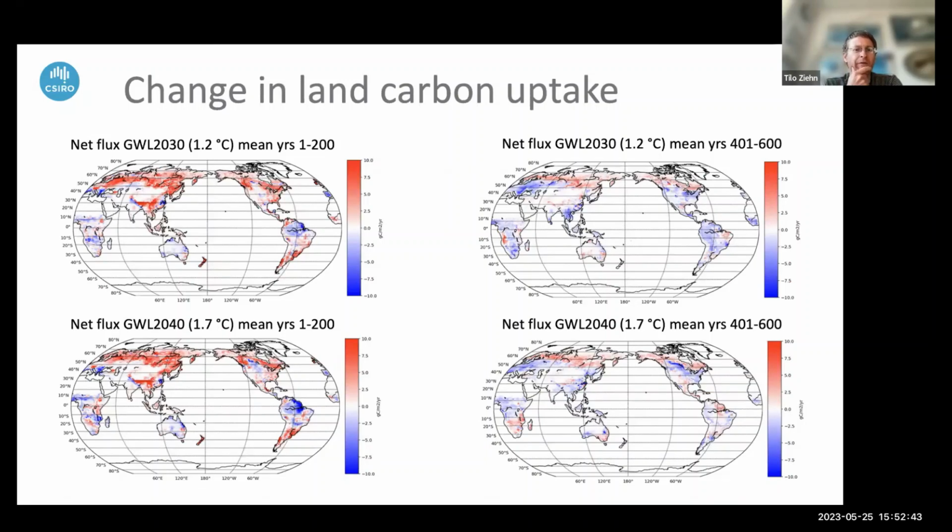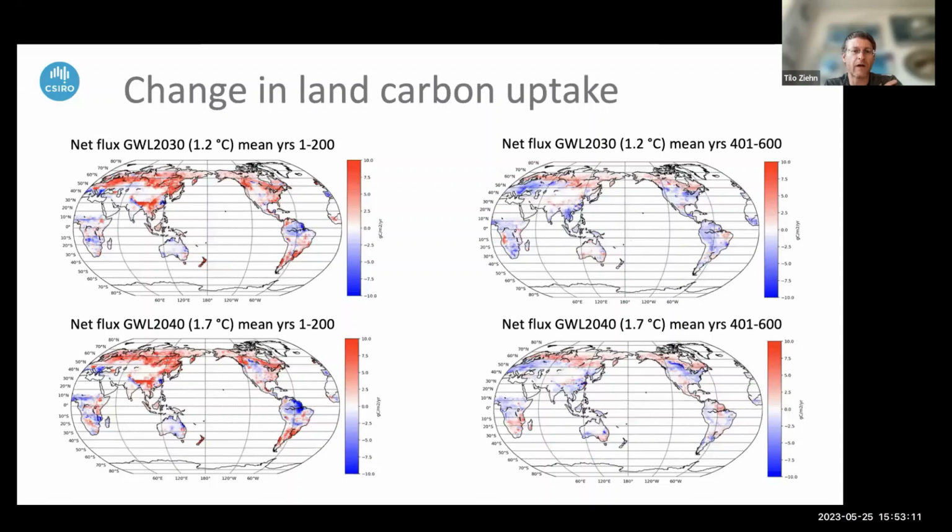But you have to average over quite a long period of time before you can see a pattern emerging due to the variability. So here you can see the net flux for the land as an average over the first 200 years on the left for 2 different stabilization runs, and on the right you have the net flux after about 500 years, again as an average over 200 years.